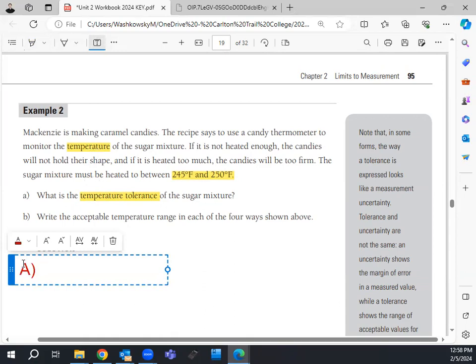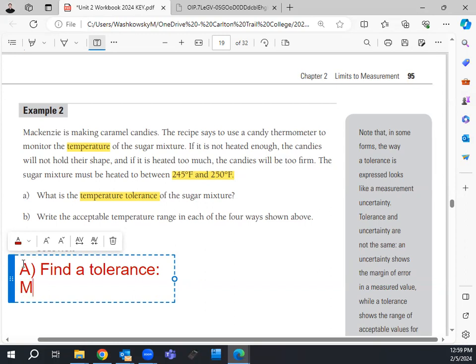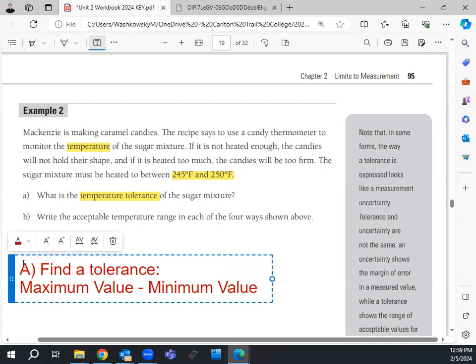So let's do this. To find a tolerance, it's just going to be the maximum value minus the minimum value. In this case, what's the max temperature we can have this candy at? 250 degrees, right?